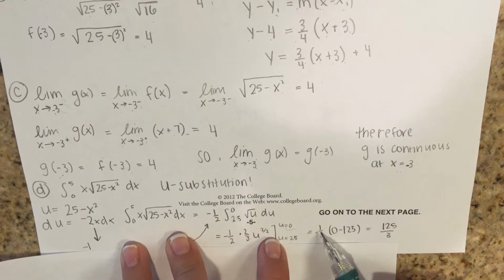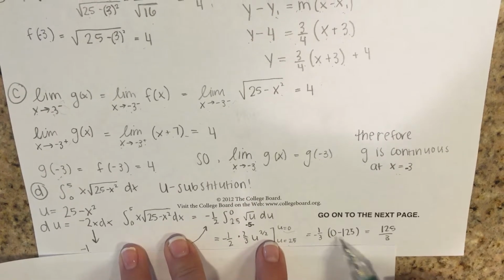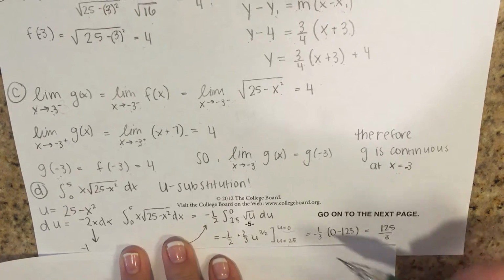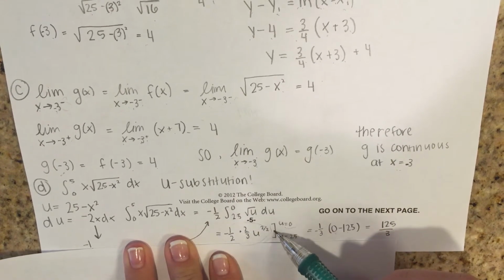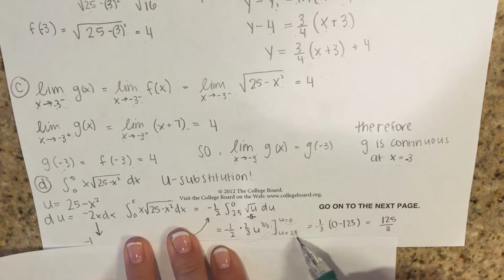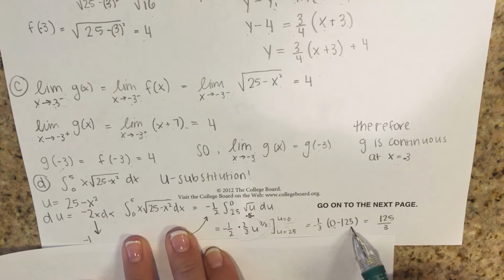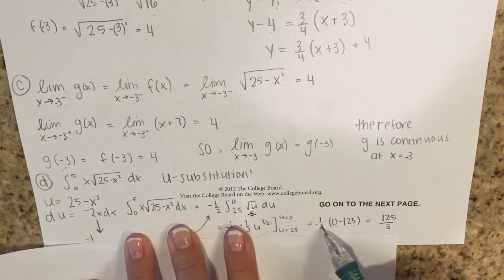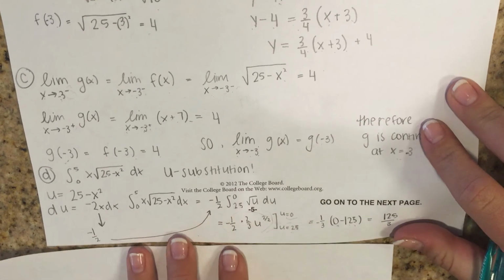Plugging that in is just -1/3 multiplied by 0 minus 125, because you plug in 0, and then subtract plugging in 25 for u. And the answer to all that is 125 over 3. And that is all.